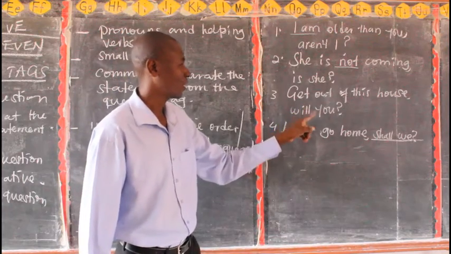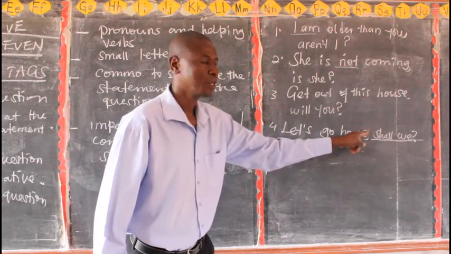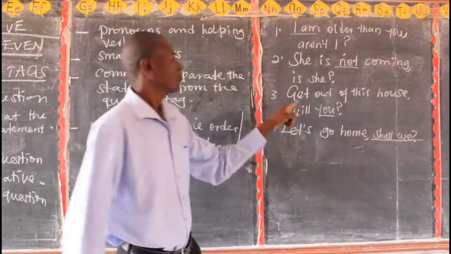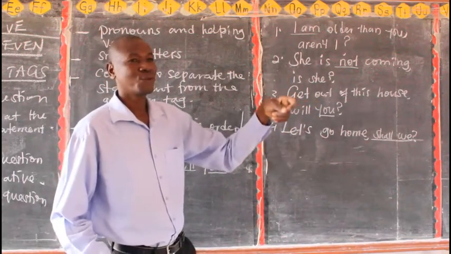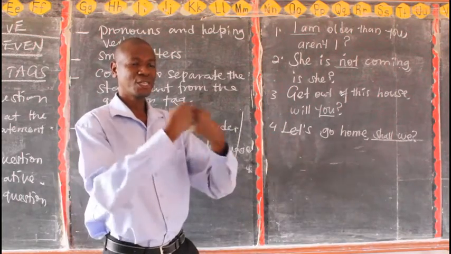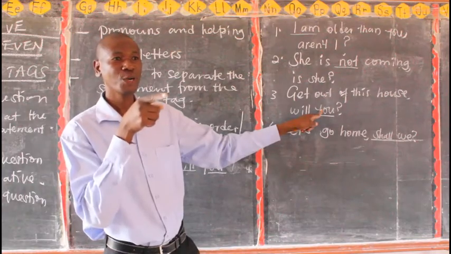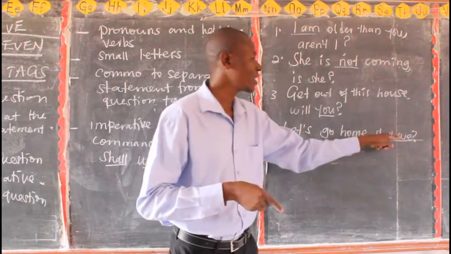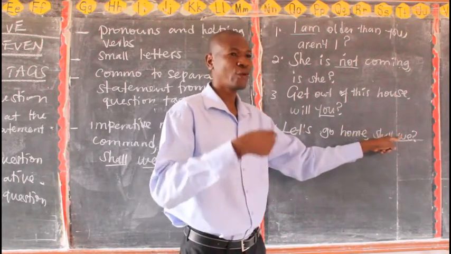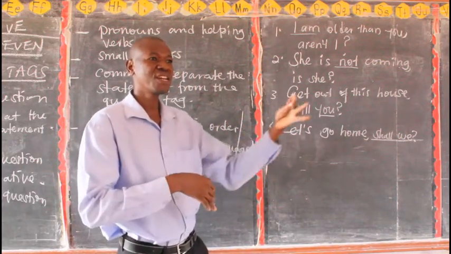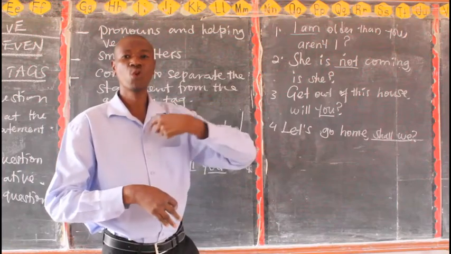So these are the tags which refer to imperative and polite statements: will you and shall we. Why do we say "will you" here? Because you are telling someone to get out and you are not telling yourself. That is why we use the pronoun you. But this one is we. Why is it ending with we? Because the request you are bringing involves you also.